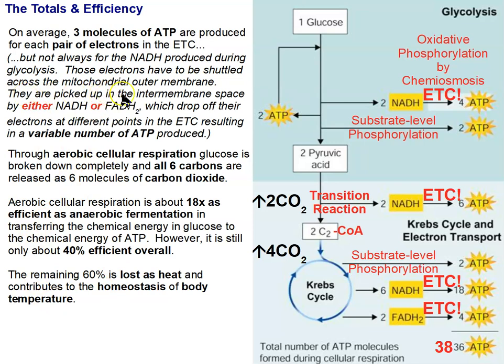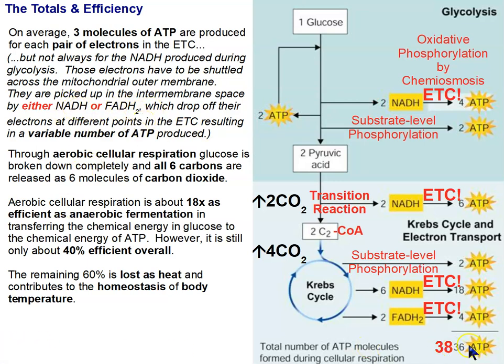So they're picked up in the inner membrane space by either NADH or FADH2, and that's the key. Remember, FADH2 enters the electron transport chain after the first proton pump, so there are fewer protons being pumped across the membrane to make ATP. So this NADH is going to participate in the electron transport chain as either NADH or FADH2 because of the way it's shuttled across the membrane.